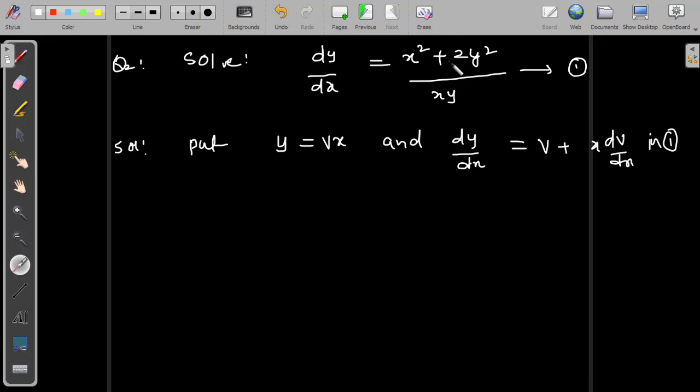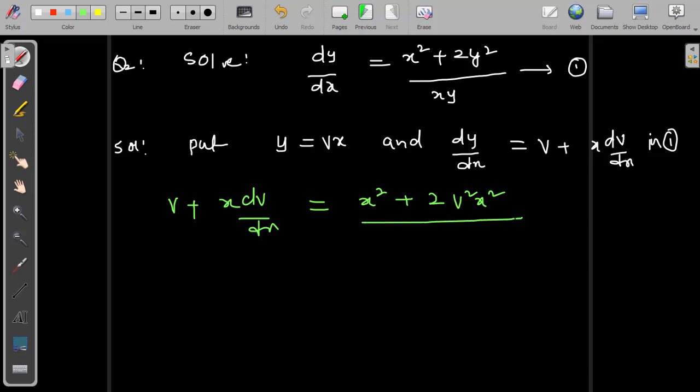I'm not writing everything, directly proceeding to the solution. So y equal to vx and dy by dx equal to v plus x dv by dx in equation 1. Now it will become like this: LHS v plus x times dv by dx is equal to, right side, x square plus 2 times y, value vx, which means v square x square, divided by the denominator x times vx.